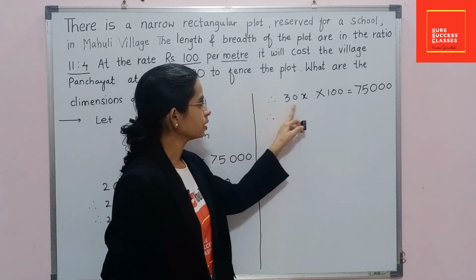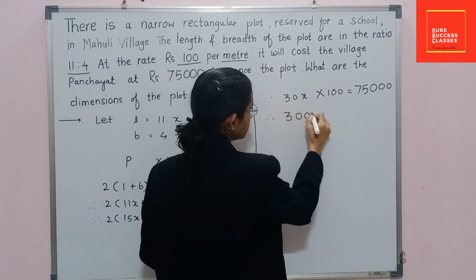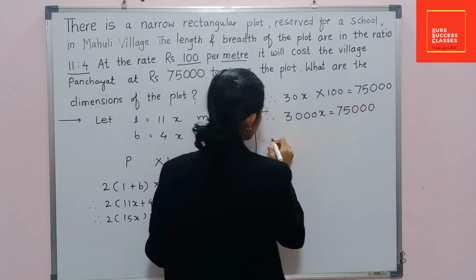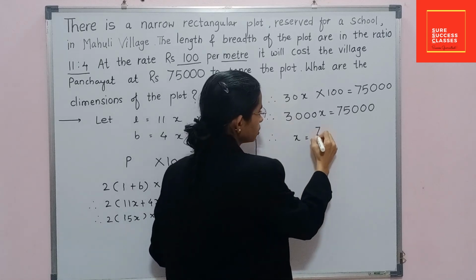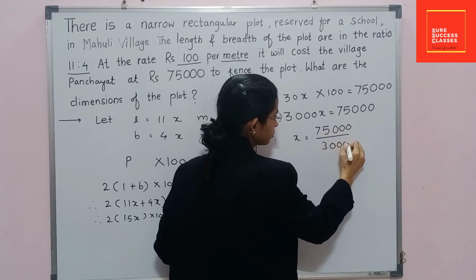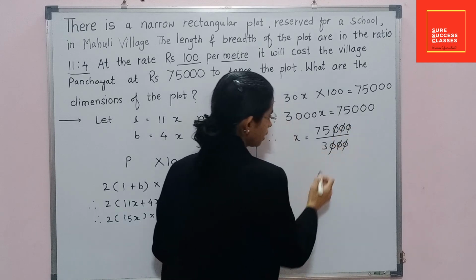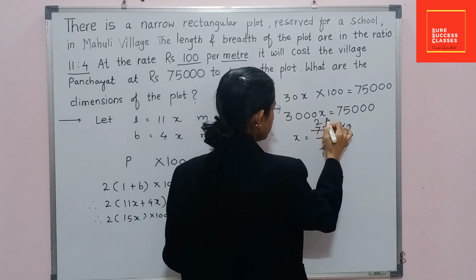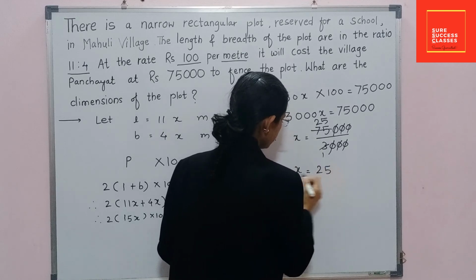Here 30 into 100 gives us 3,000. x is equal to 75,000, which is nothing but this 3,000 goes to the down. We will cancel out these zeros and 3 ones are 3, 25 3s are 75. So x is equal to 25.